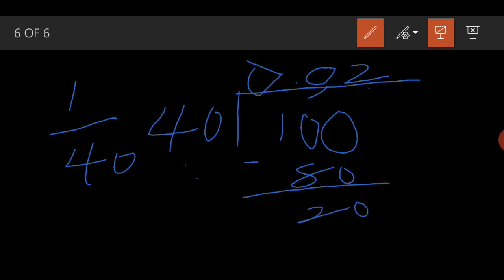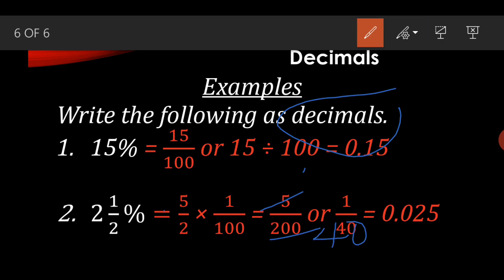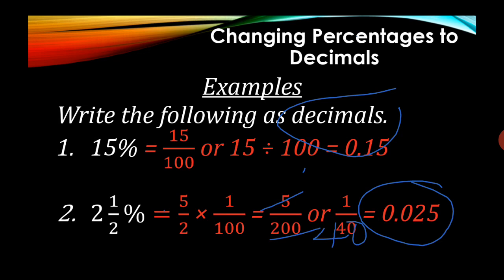Now, can 40 go in 20? No, it's impossible. Since it's impossible, you add another 0 for this 200. 40 in 200 gives us 5. So our answer here now is 0.025. Now, if you come here, we see that our answer here is 0.025.